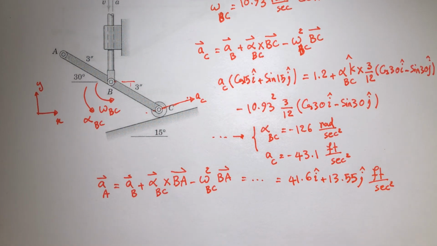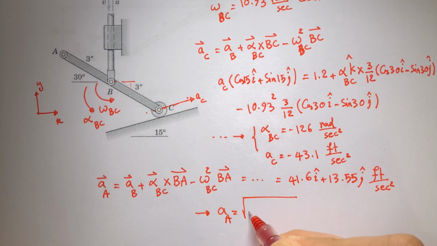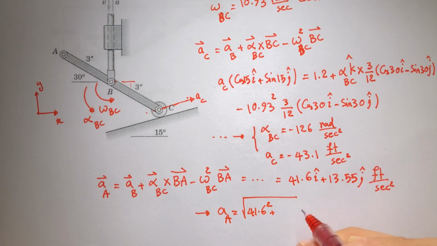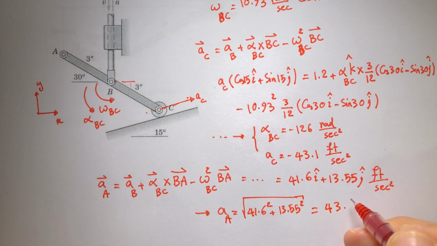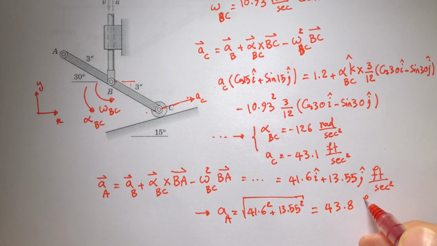And the magnitude of the acceleration, of course, is going to be the square root of 41.6 squared plus 13.55 squared, which is going to be 43.8 foot per second squared.